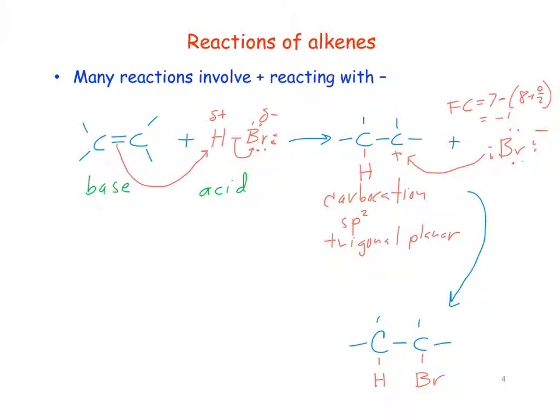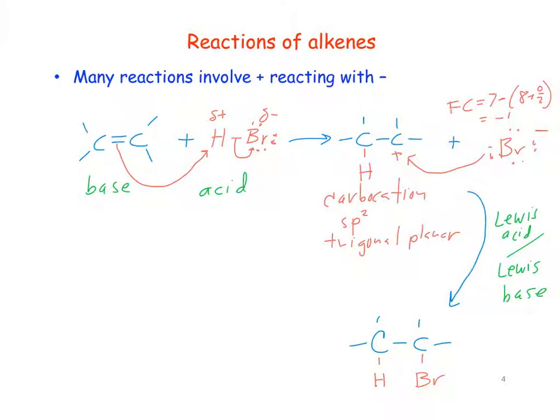So let's look at the second step here. We have bromide reacting with the carbocation. So we could call this a Lewis acid, Lewis base reaction. Which of those 2 species would be the Lewis base?